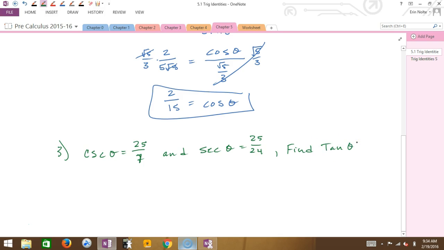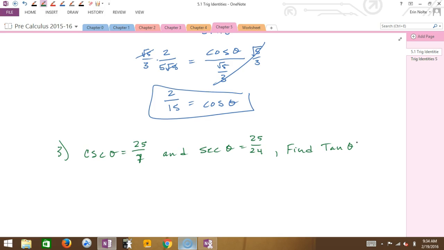Now this one is going to require a little bit more playing. Does anybody see a relationship that involves a cosecant, a secant, and a tangent? No, there is not one on your identity sheet.